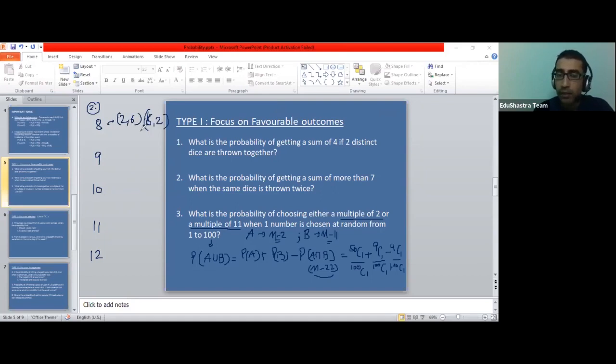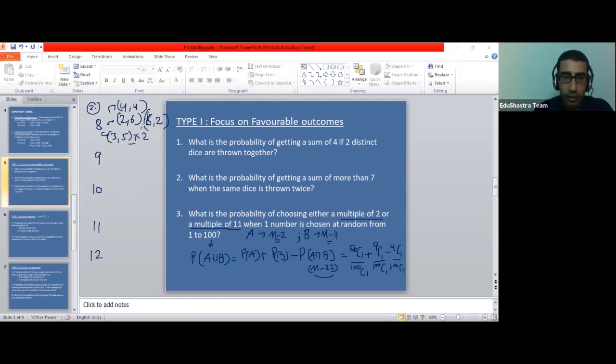Whenever there is an inherent order, and the order here is throwing the dice the first time and the second time, there is a first and a second. There is an inherent order here, without a shadow of doubt. So 2, 6 and 6, 2 are 2 different cases. Similarly, 3, 5 and 5, 3 would be 2 different cases. So let me just write into 2. And then, of course, 4, 4.